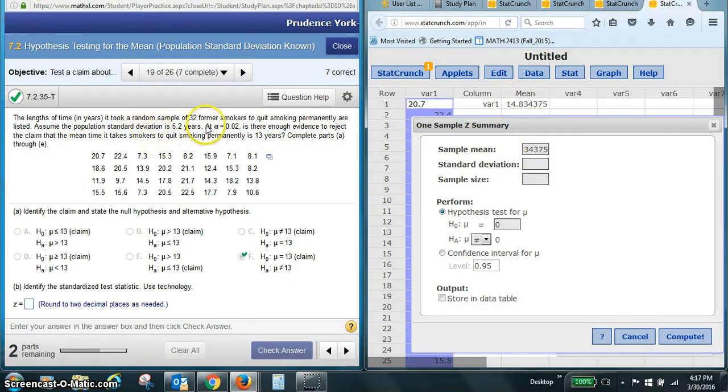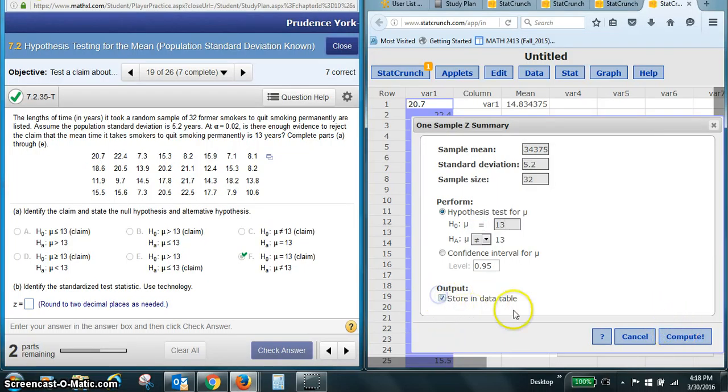The standard deviation they gave us, population standard deviation, is 5.2 years. So you have your 5.2. Your sample size, there were 32 former smokers, so your sample size is 32. We're testing a hypothesis of mu equal to 13.